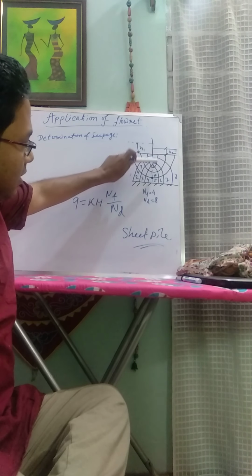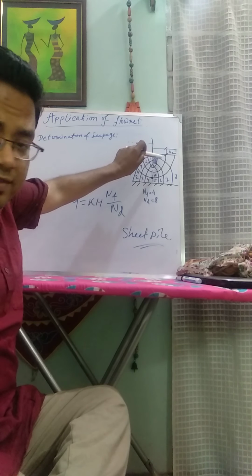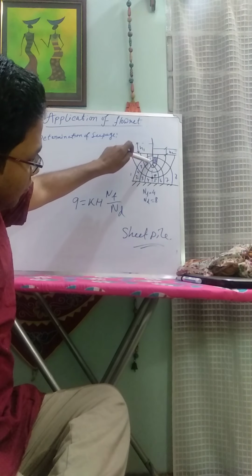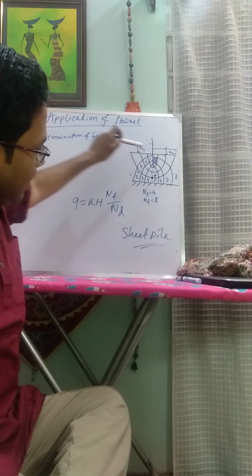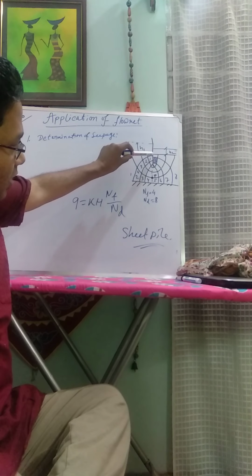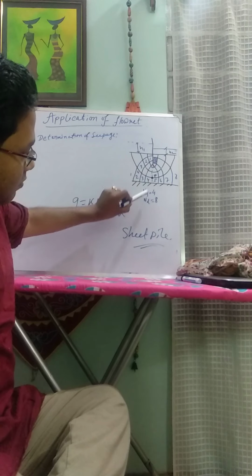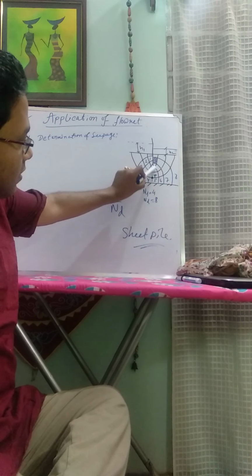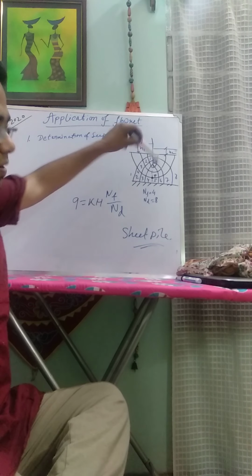Because this is a sheet pile, water passes through this pattern along a flow line, and this is another flow line, and the potential drops will be here, this one, this one and this one. Okay, this is our Flownet.